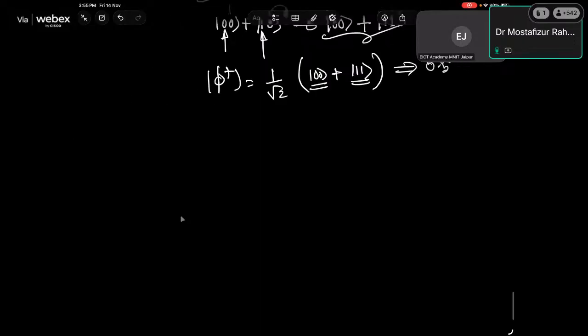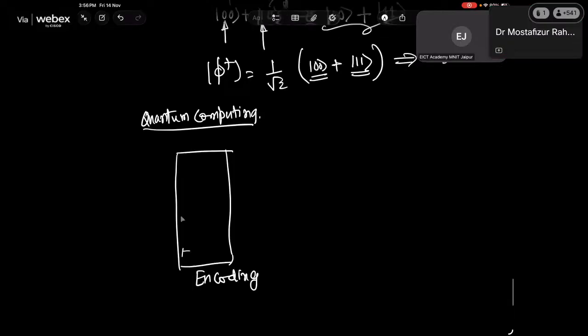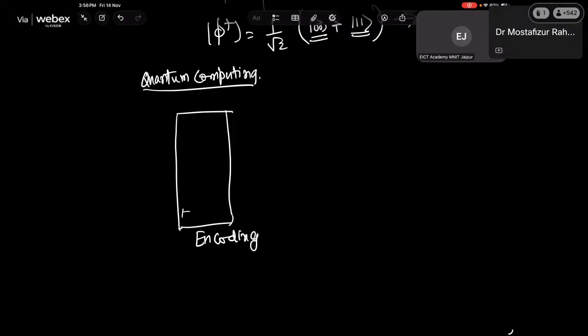So basically, there are three parts in most quantum computing algorithms. First we need to do encoding, meaning creating a vector ket y, or ket psi, whatever symbol you wish.